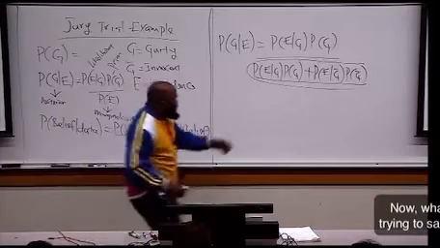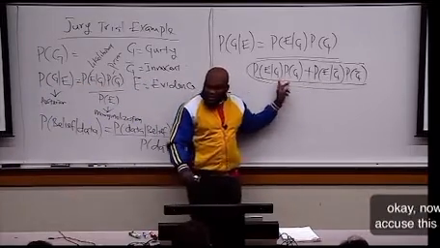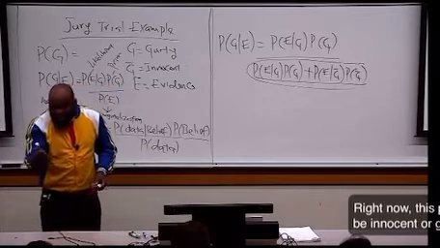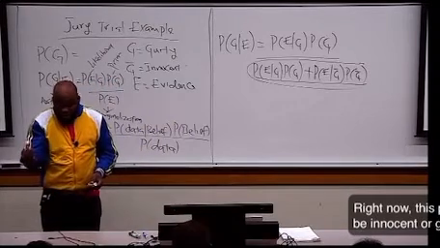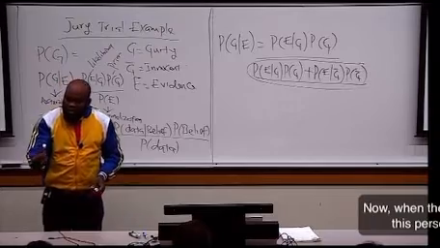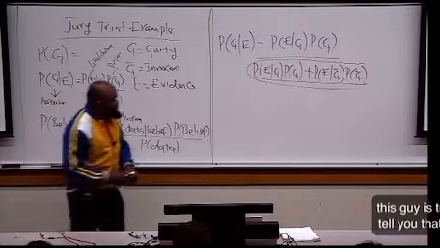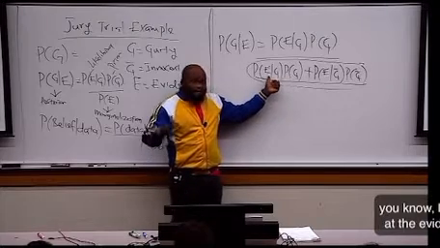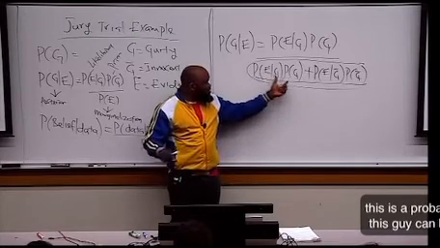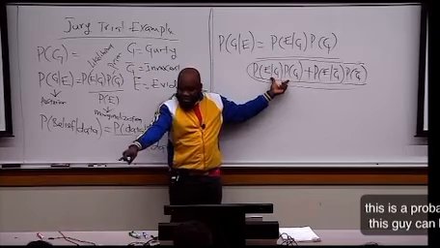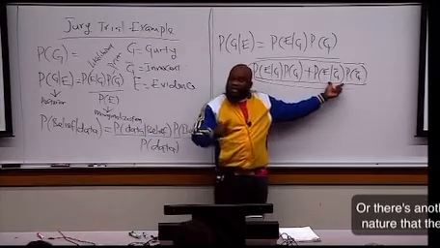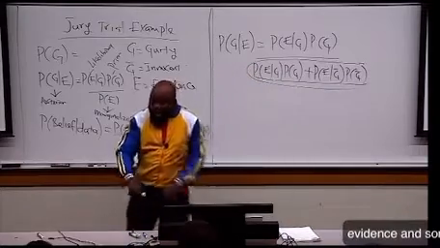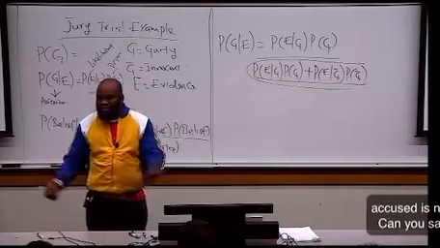Now, what I'm trying to say here is, they accuse this person, and this person may be innocent or guilty. When they accuse this person, this is telling you that, looking at the evidence, this is the probability that this guy can be guilty, or there's another state of nature where they find evidence and somebody they accuse is not guilty.